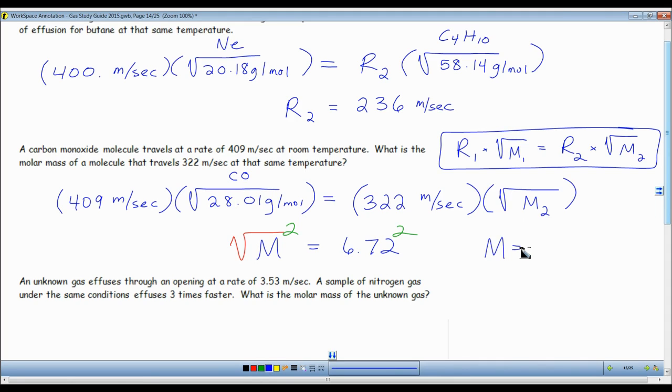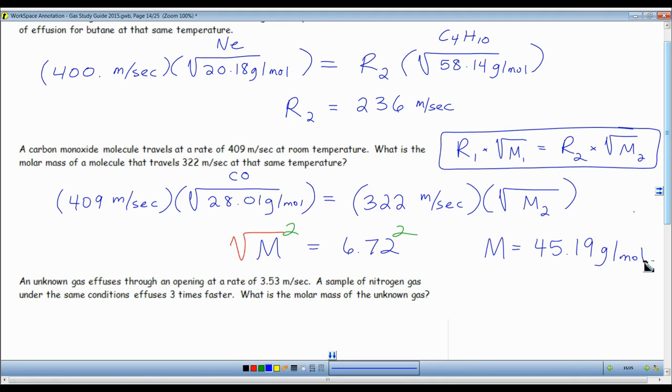I like this better. Oh, whoopsie, 45. And again, maybe we'll go 2 decimal spots on our molar masses. 45.19 grams per mole. That makes more sense, right? The particle has to be more massive if it travels slower. So I need a molar mass that's greater than the 28.